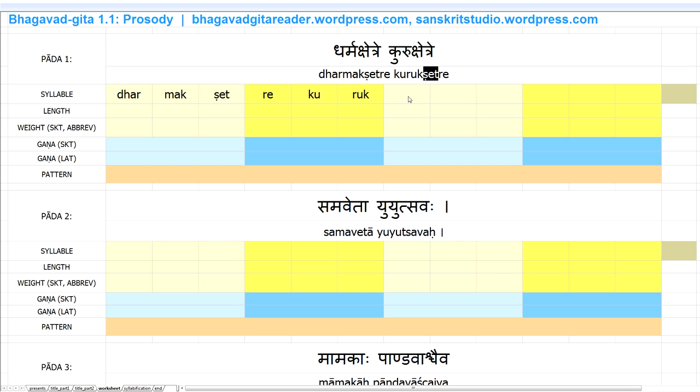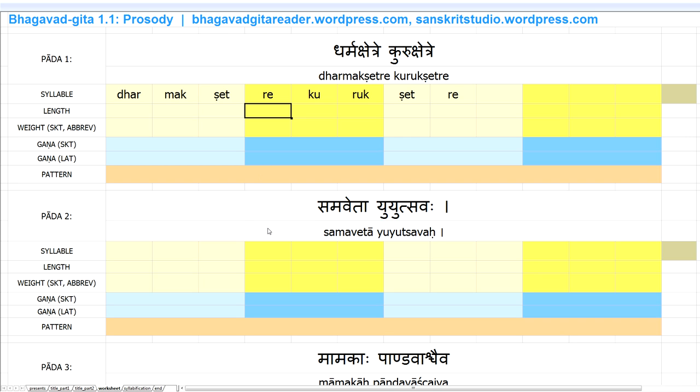So the t goes to the left and the r goes to the right to team up with the e here. Re. All right, that's the first pada, dharma-ksetre, kuru-ksetre.